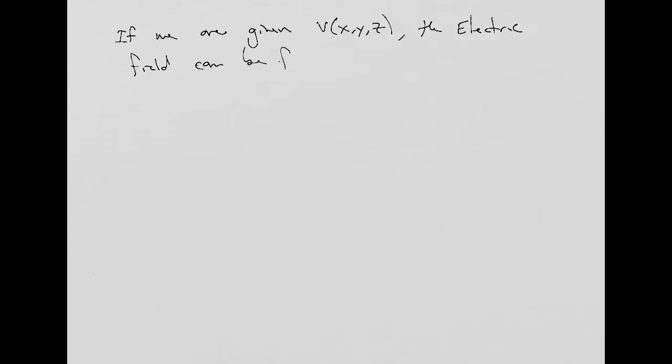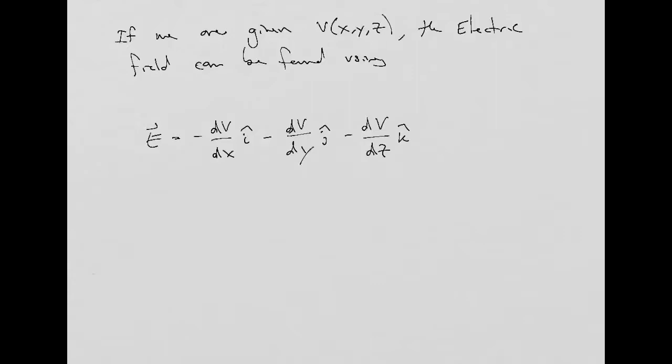So if we are given V of x, y, and z, the electric field can be found using, the electric field vector is going to be minus the derivative of the potential with respect to x in the i direction, minus the derivative of the potential with respect to y in the j direction, minus the derivative of the potential with respect to z in the k direction.